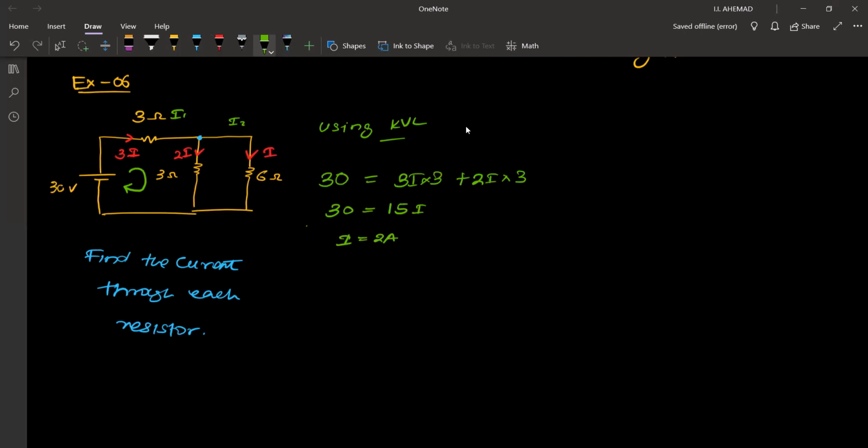So in the 6 ohm resistor, the current is 2 ampere. And in 3 ohm resistor, I'll name them. This is R1, R2, and R3.